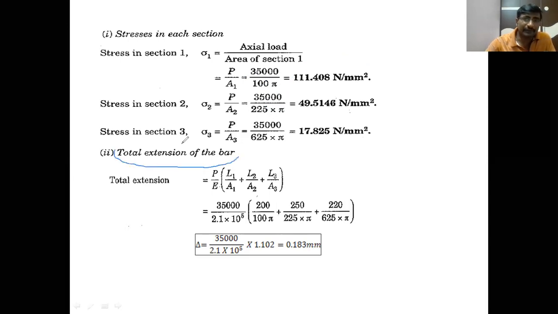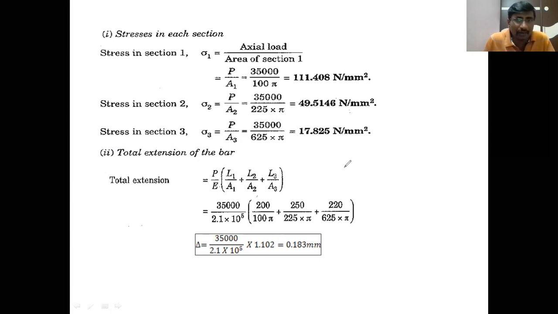Then the second bit: we have to calculate the total extension of the bar. Total extension, or total elongation, is equal to the summation of the extensions of all three sections. The basic formula for the extension of each section is PL by AE.